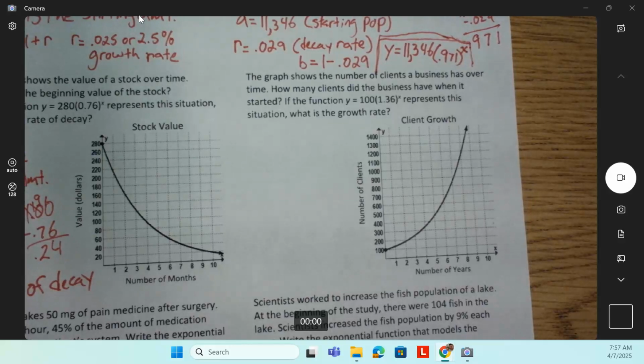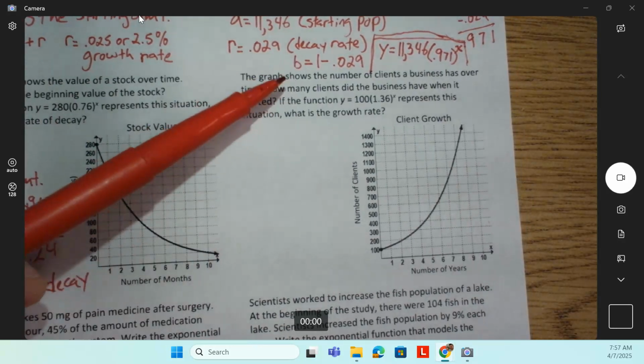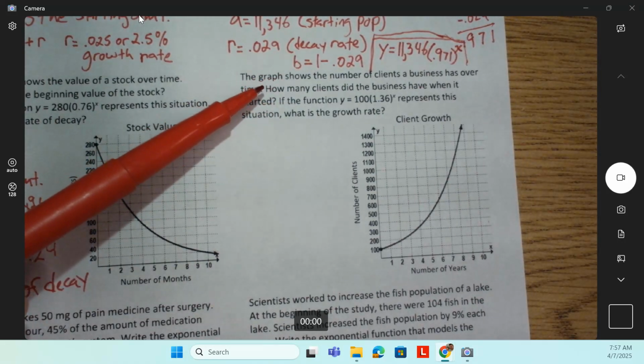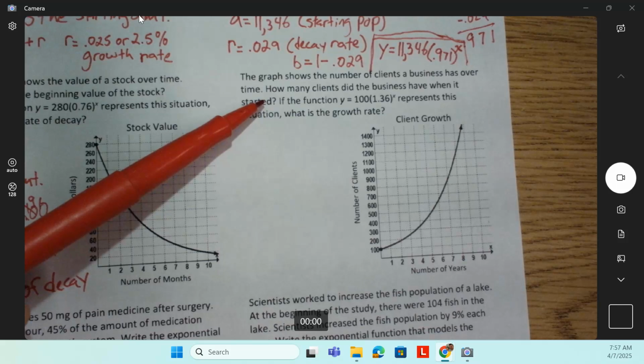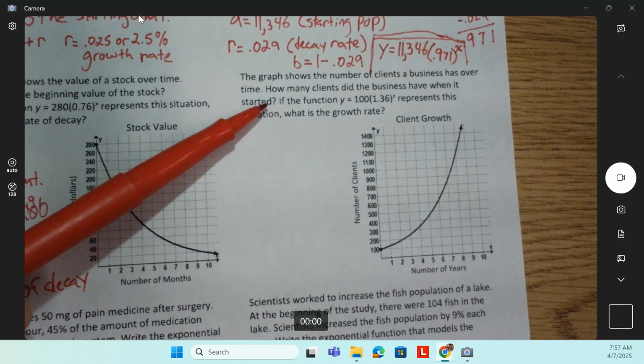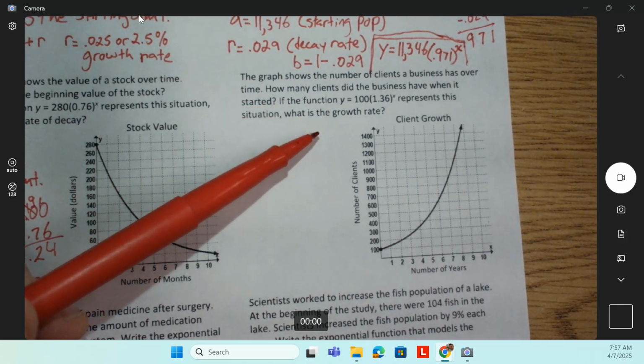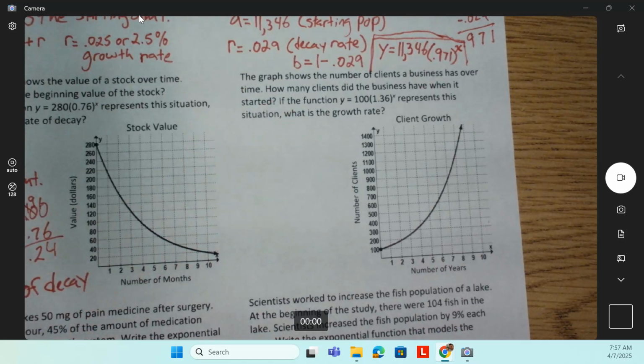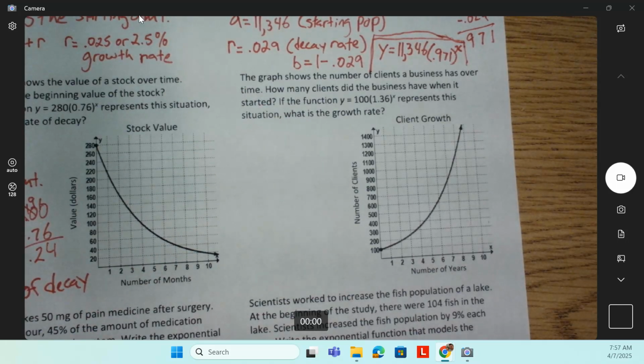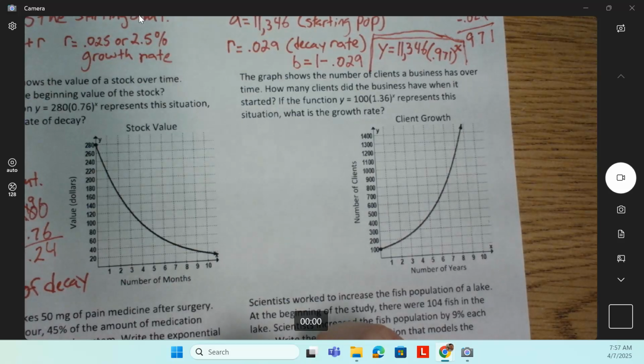Then we've got number of clients a business has over time. I want to know how many clients did the business have when it started if the function y equals 100 times 1.36 to the x represents the situation.